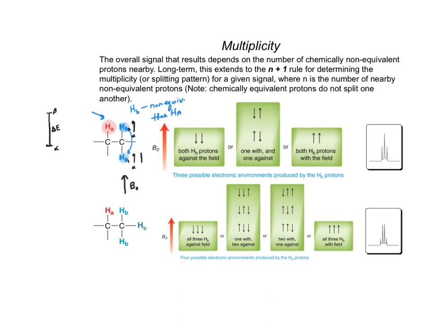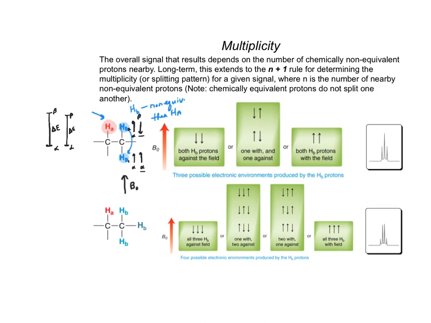Let's say HB1 aligns with the external magnetic field. But HB2 we actually see in the beta spin state, so it aligns against. So for this situation, where one is with and one is against, we'll have a little bit lower energy spacing, because we'll have a little bit smaller external magnetic field between alpha and beta.